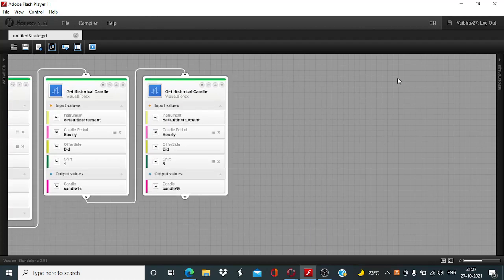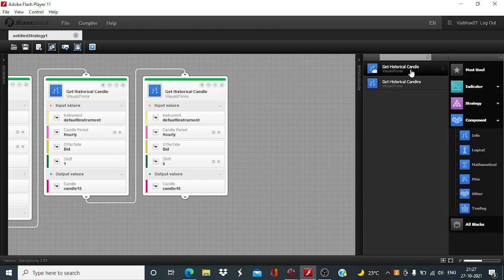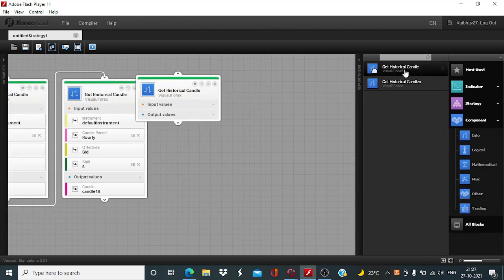And to pinpoint the exact entry point, we will then use 10-second candles.